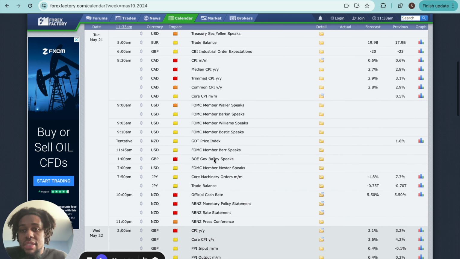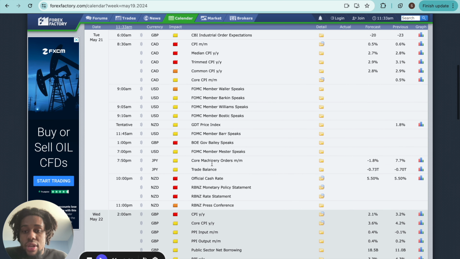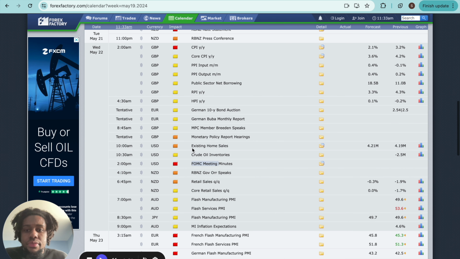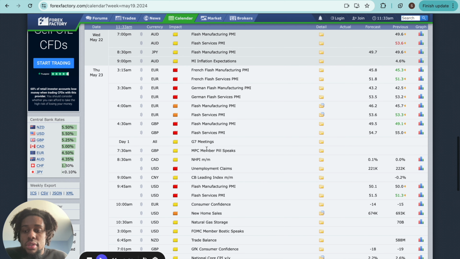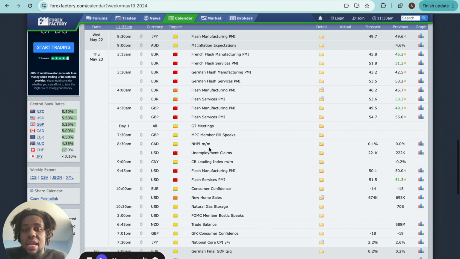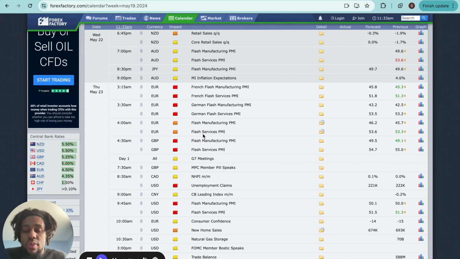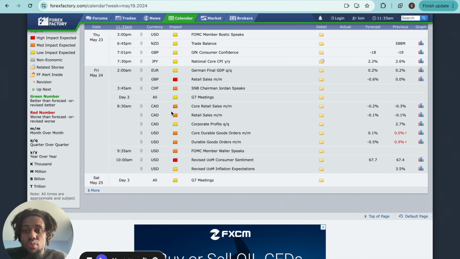So I would say Monday, Tuesday are more likely to consolidate, and then Wednesday you could see some sort of London move and a little New York London close move, but the lion's portion of the weekly range is likely to form on the Thursday and the Friday, and that's where I think our reversal is likely to happen, and then continuing that reversal move on Friday.